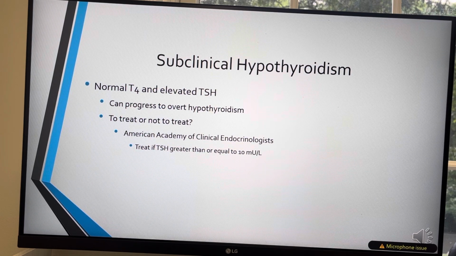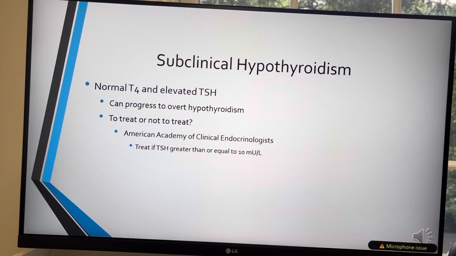The American Academy of Clinical Endocrinologists says you should treat if the TSH is greater than or equal to 10 because it's very likely to progress to overt hypothyroidism. Another option you can do is you can check the TPO antibody.